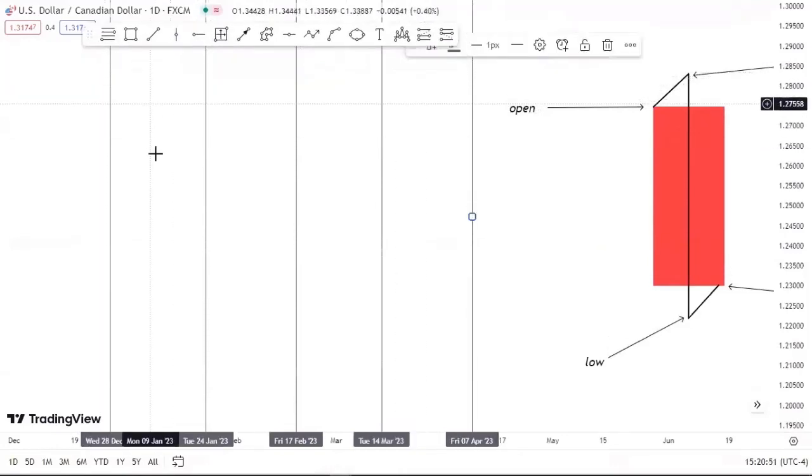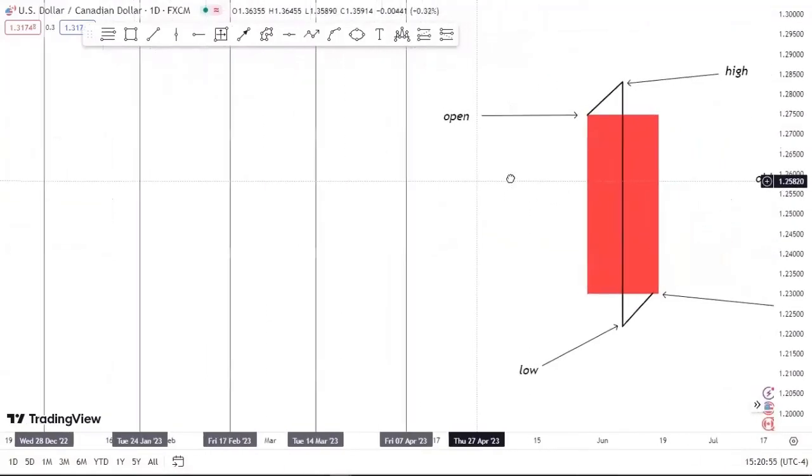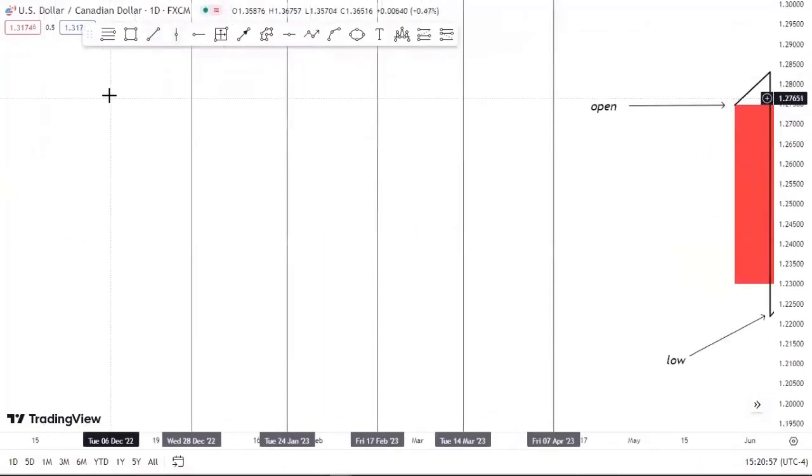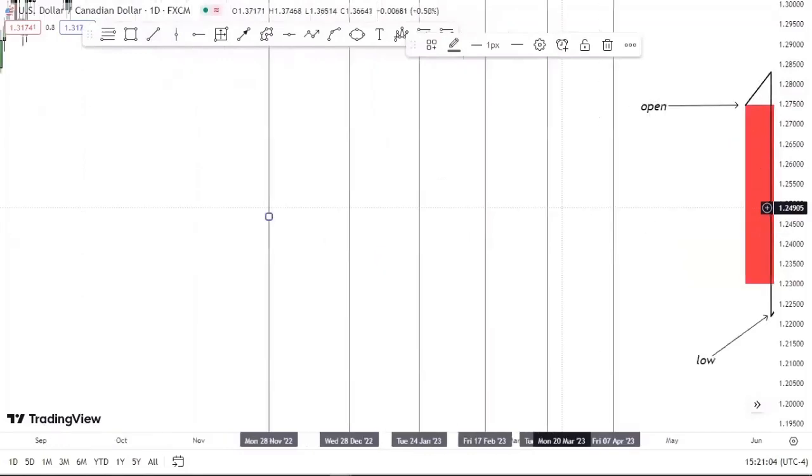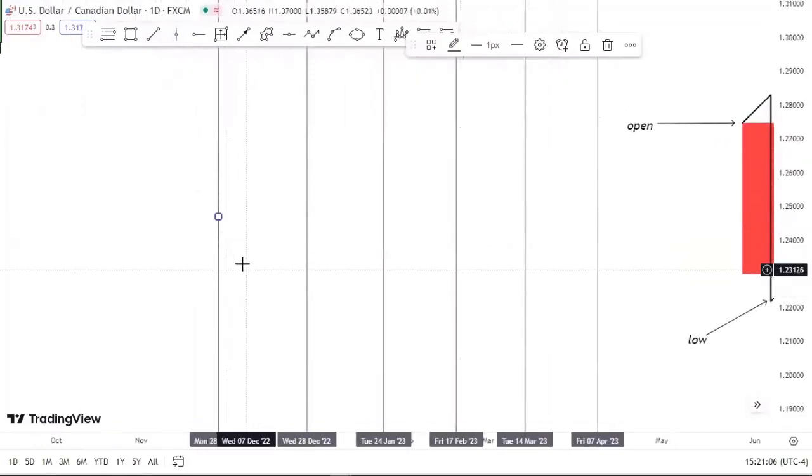Okay, so this is Monday, Tuesday, Wednesday, Thursday, Friday. So this is the whole, there are 5 trading days.